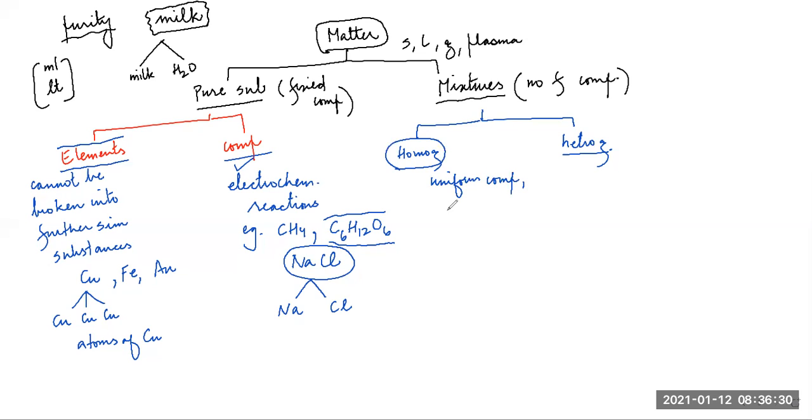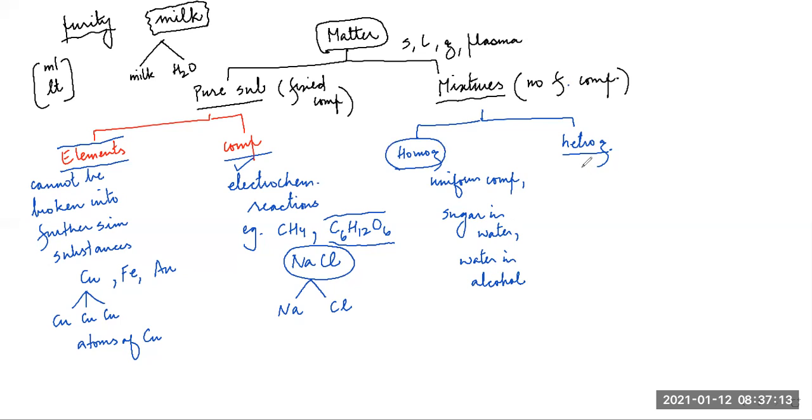For example, sugar in water, we can talk about sulfur in carbon disulfide or water in alcohol. These are examples of homogeneous mixtures. Remember, whatever example you take, they have no fixed composition.